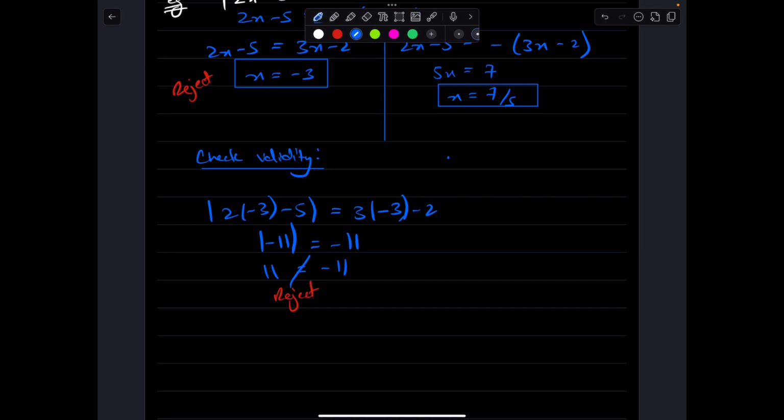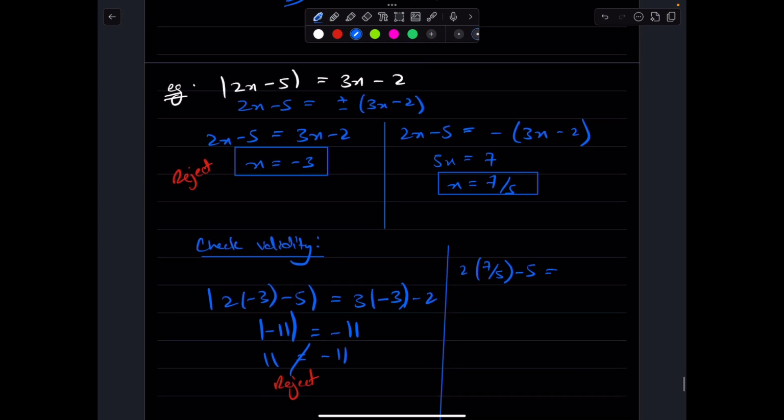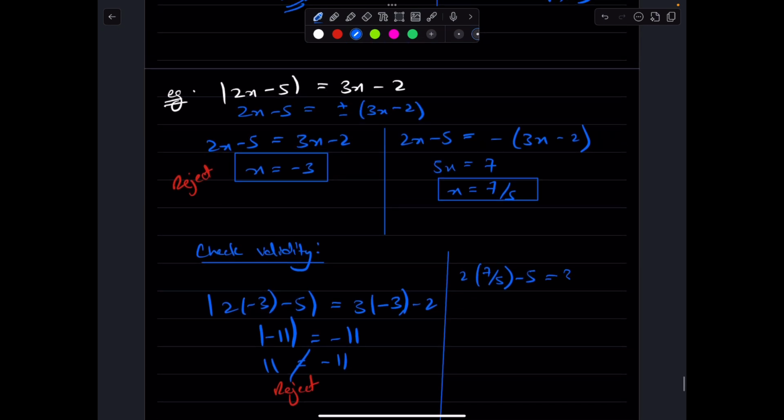Now, check the validity of the second answer. We'll do it using the same technique, and always remember to use the original equation. So this turns out to be modulus of minus 11 over 5 and 11 over 5.